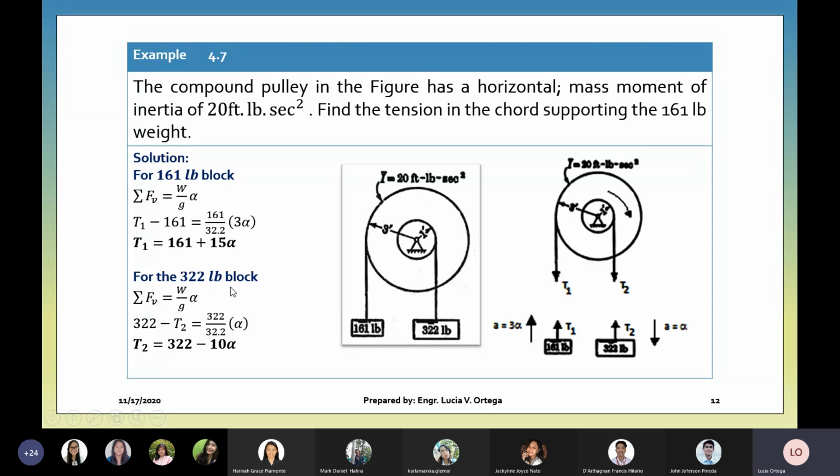For the 322-pound block, summation of forces vertical is W over g times alpha, the same equation. So 322, that is the weight, downward, minus T sub 2 is equal to 322 over 32.2 times alpha. So we have the equation for T sub 2.